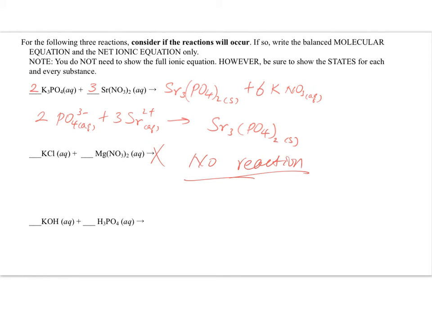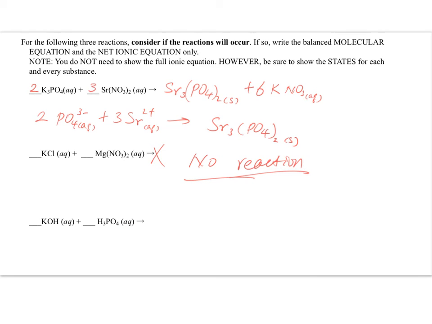Okay, so the last one. Potassium hydroxide reacts with phosphoric acid. So here we have a strong base reacting with a weak acid. We definitely have the reactions. Base reacting with acid will produce salt, ionic compounds, and water.